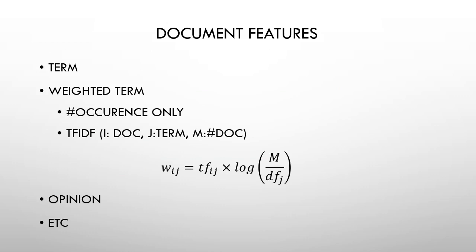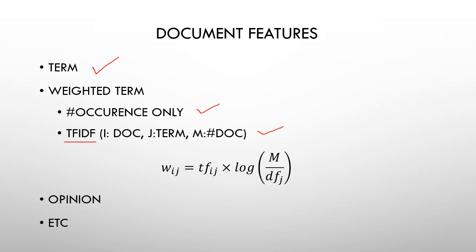Again, I repeat that the document features are terms, and then might be weighted terms, where the weighted terms might consider only the number of occurrences of that particular term, but it could also use the TF-IDF scheme.